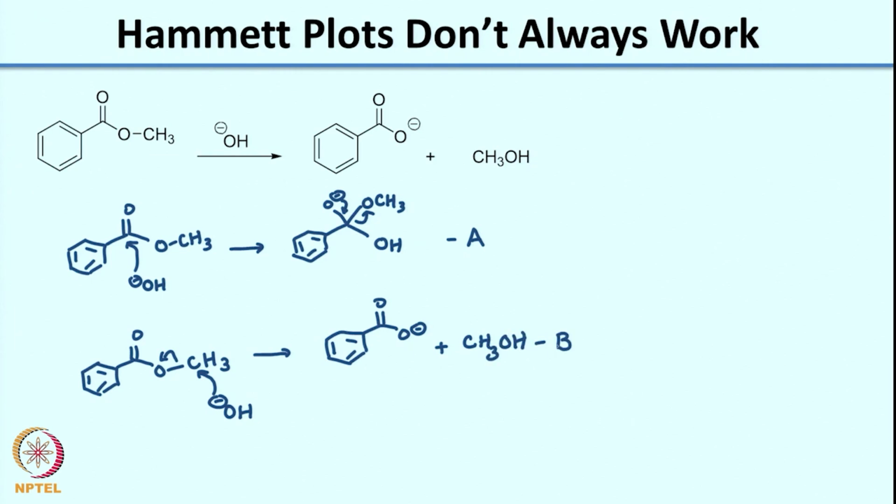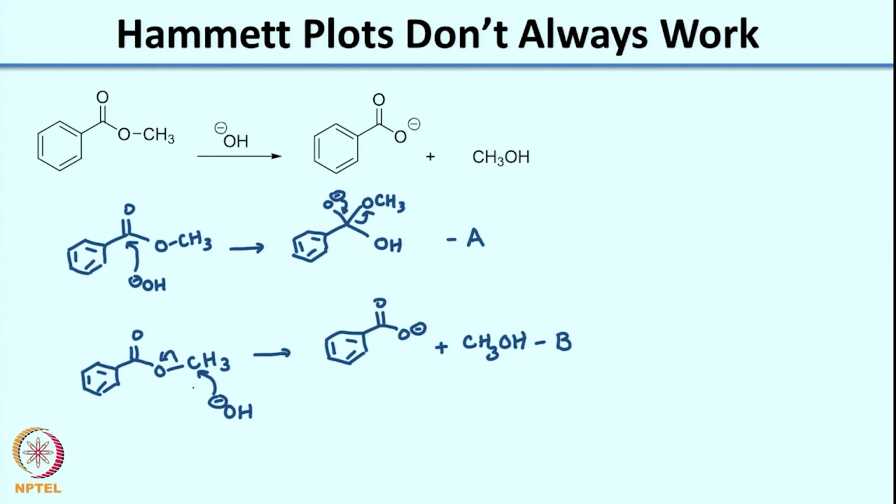Now you can argue with me saying that this seems very less likely. So, it is obviously going by pathway A based on the electrophilicity of the carbon. And I can argue with you saying that, oh no, this also is electrophilic, so OH minus can attack there.